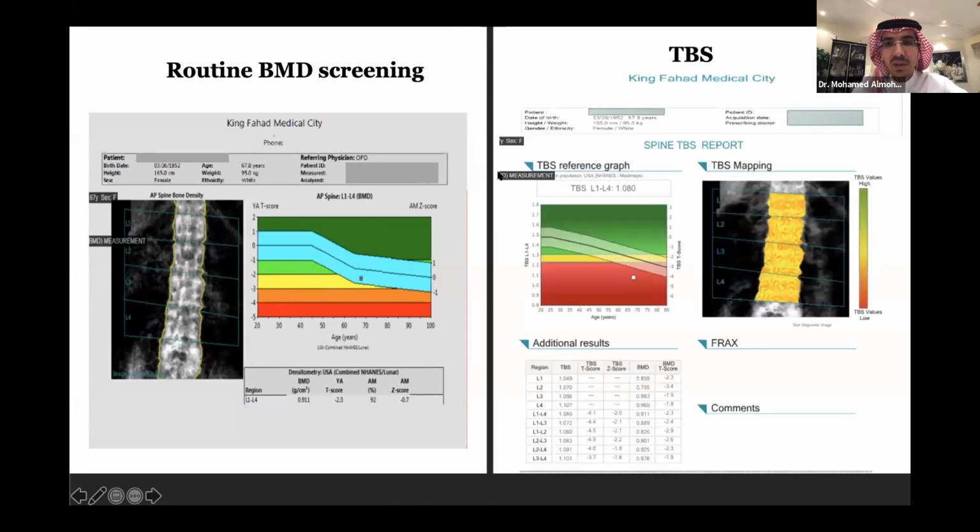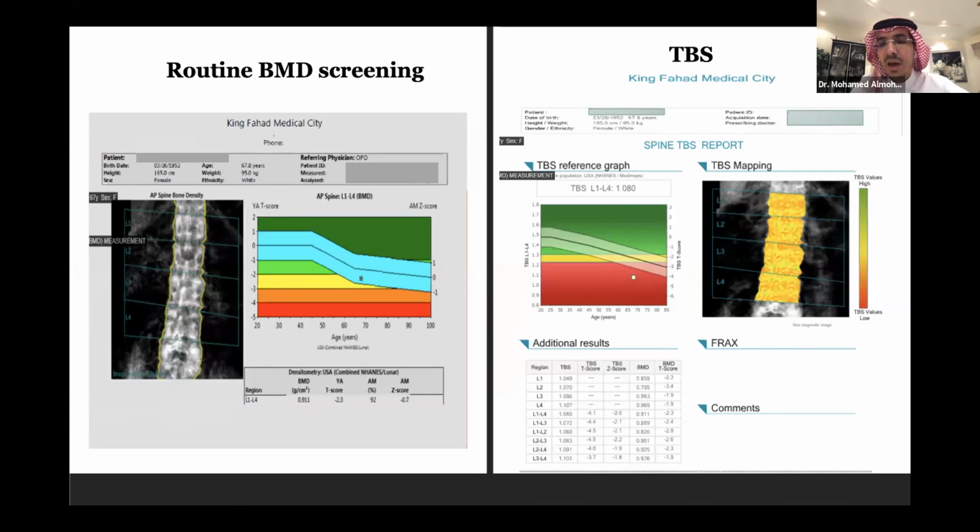In regard to her TBS that was obtained in our institute, as you can see here in the right-hand panel, if the image is very nice and homogeneous, you will have a high TBS score, as Dr. Kamel mentioned. If the image is heterogeneous and full of gaps, you will have a very low TBS score, which is here around 1.080, indicating this patient has a degraded structure as assessed by the TBS.